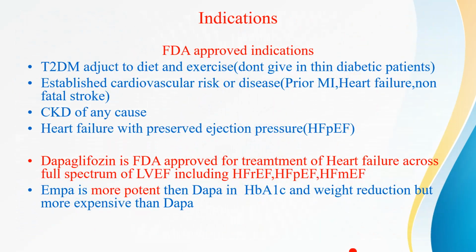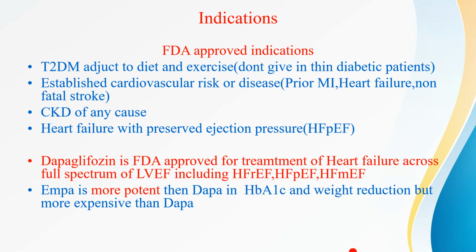Various FDA approved indications for SGLT2 inhibitors: they are used as an adjunct in type 2 diabetes patients. They can be used as an adjunct to diet and exercise, and we should not give them in thin diabetic patients.